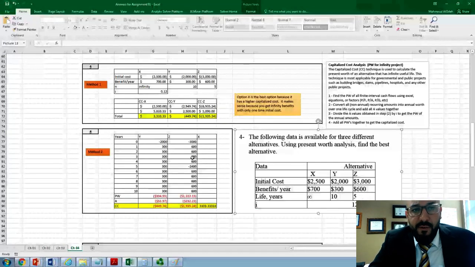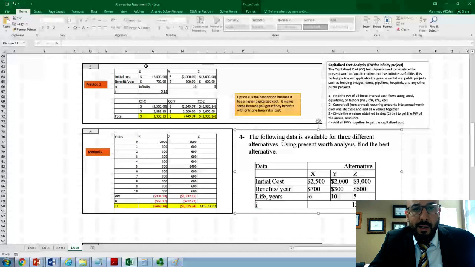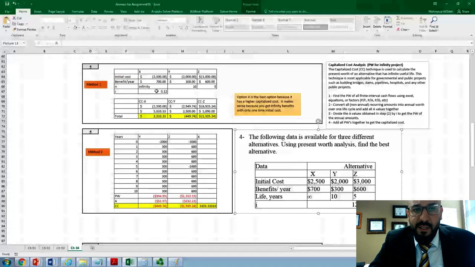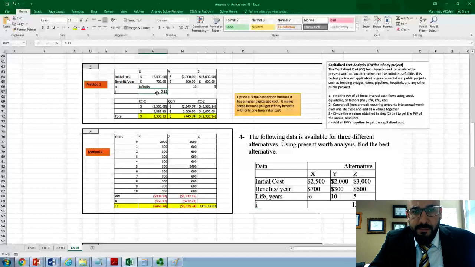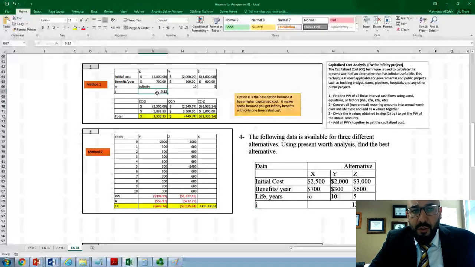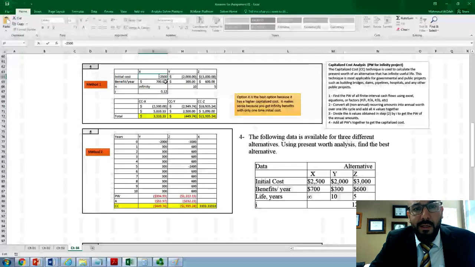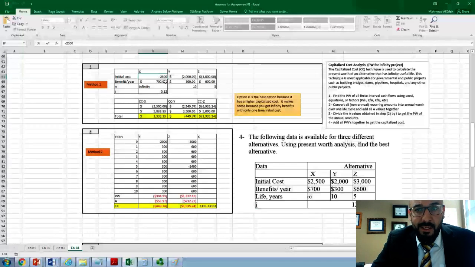Let's start with the first one, X. Initial cost for X is 2,500, and the benefit per year is 700, N is infinity, i is 12%. So the first step is to convert any finite intervals into present worth. Basically we have only one transaction that is finite.